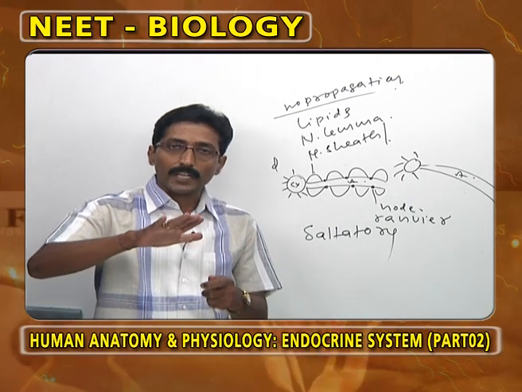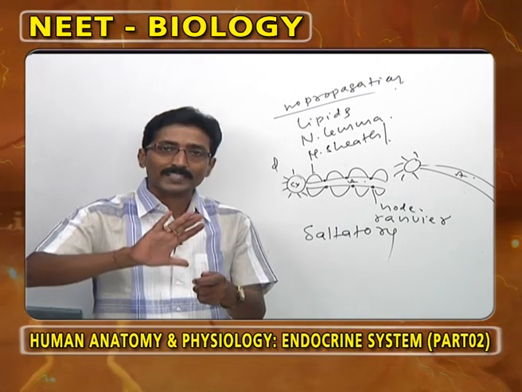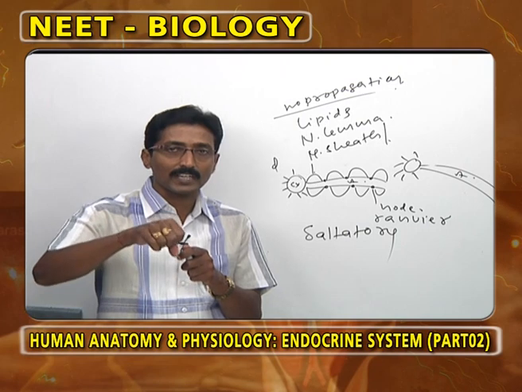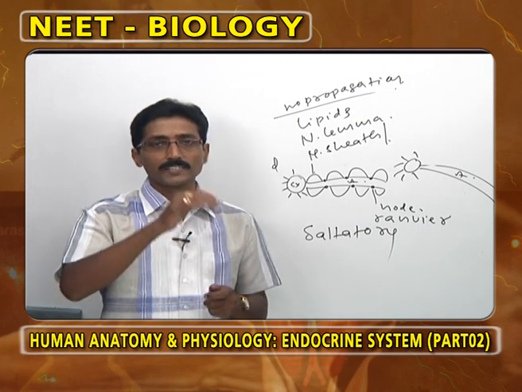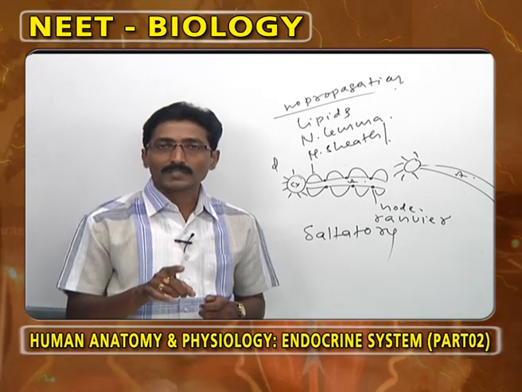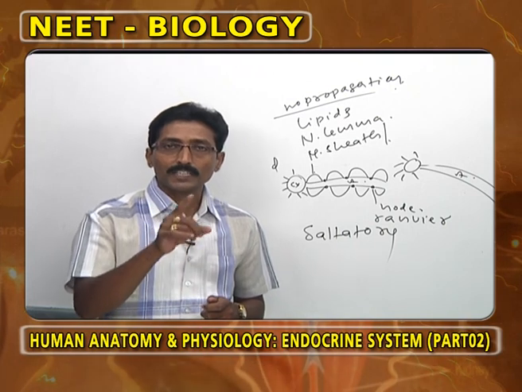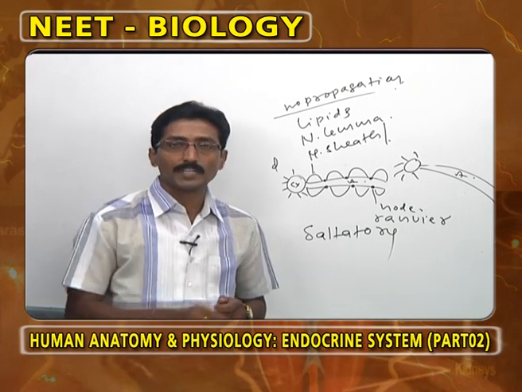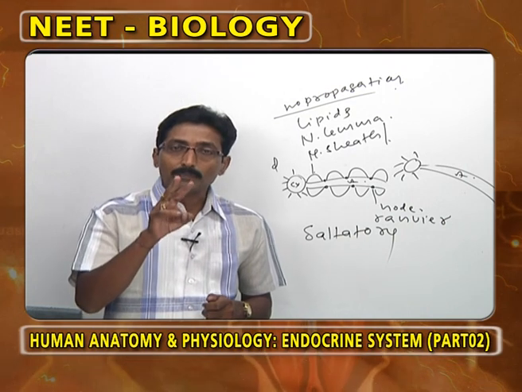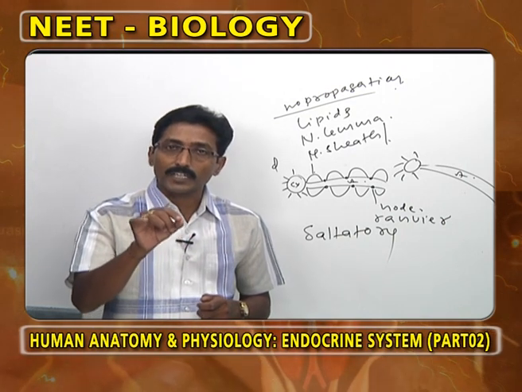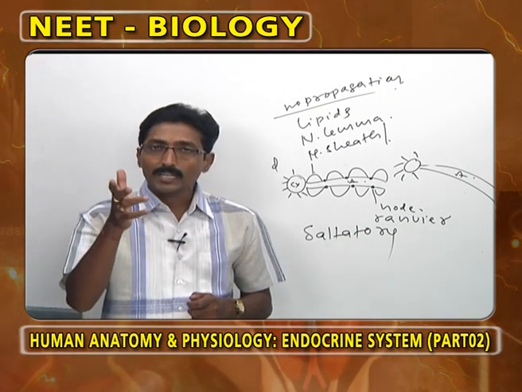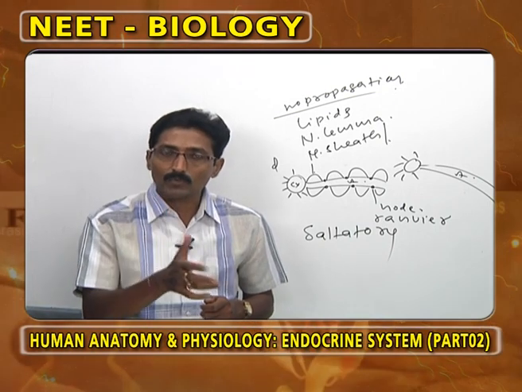That means there is a synchronizing action between accelerator and braking system. In the autonomous nervous system, two systems are present: sympathetic and parasympathetic. The sympathetic system increases one activity, parasympathetic decreases one activity.